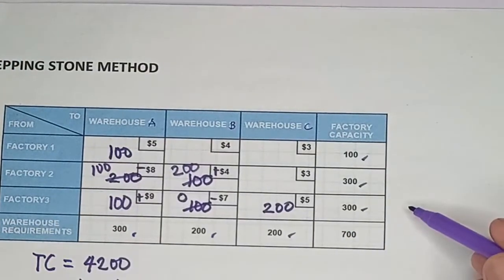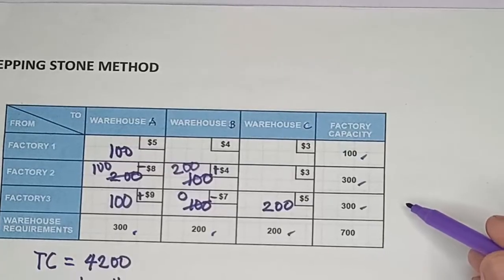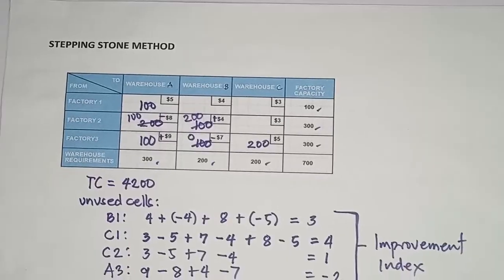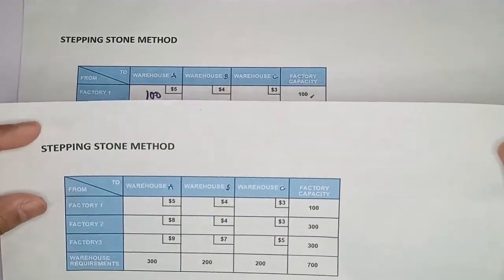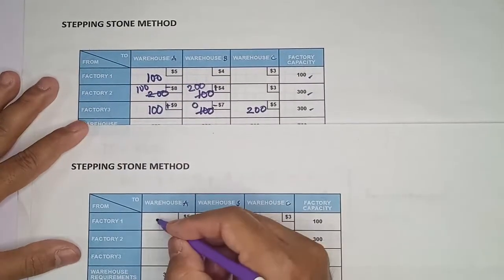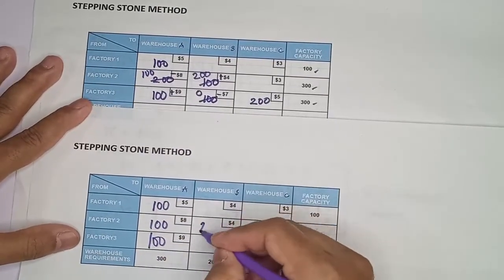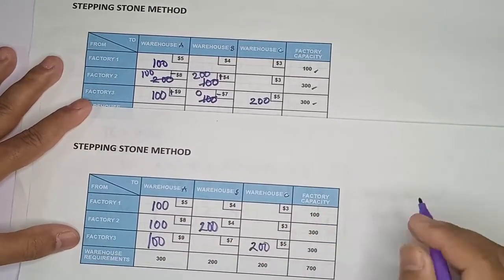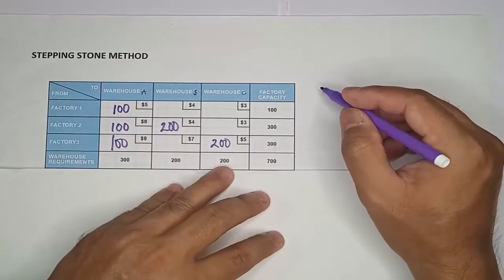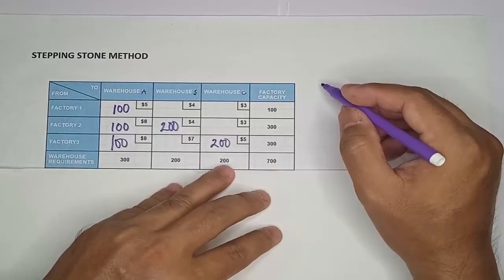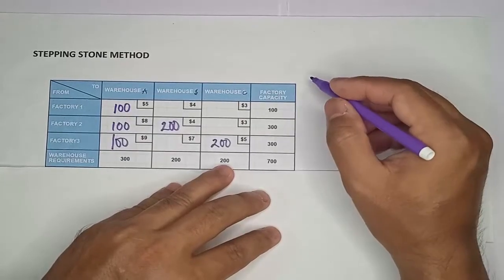And as an effect of the redistribution, our new transportation tableau would look like this. Before checking if this tableau is already optimal, let's compute its transportation cost.